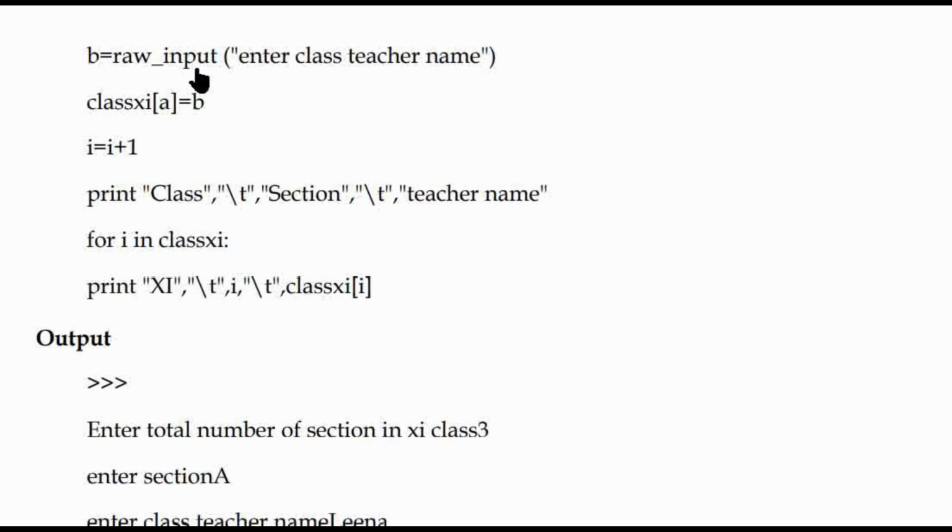B is equal to raw input, enter class teacher name. Class 11 A is equal to B. I is equal to I plus 1. Print class \t section \t teacher name. For I in class 11: print 11 \t I \t class xi I or 11i.